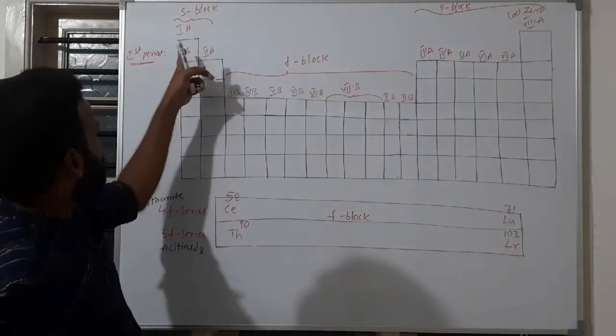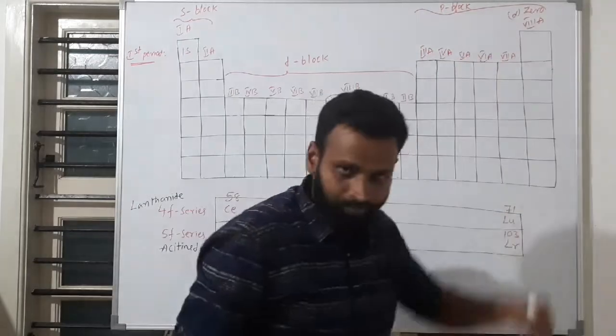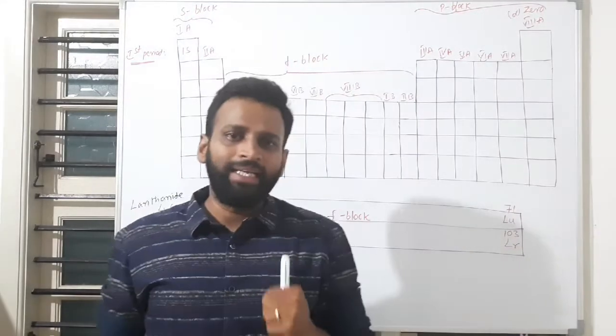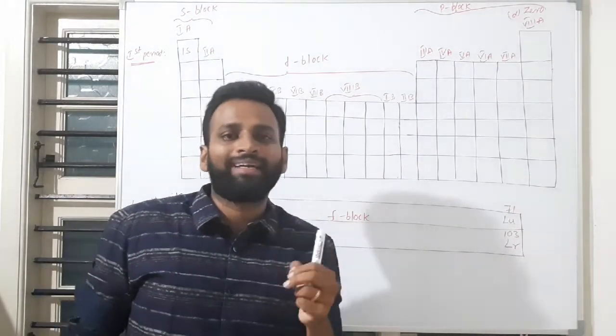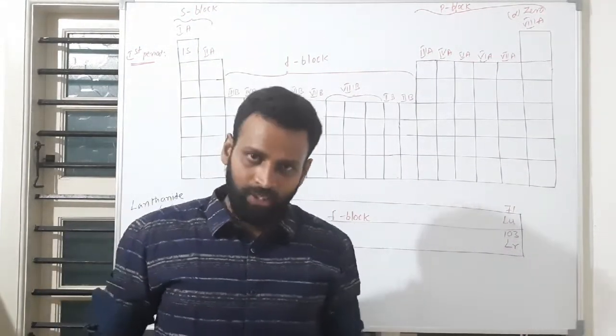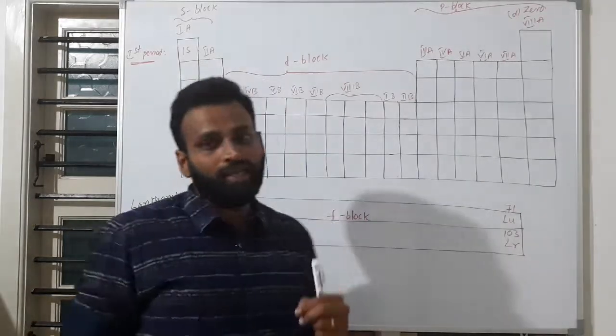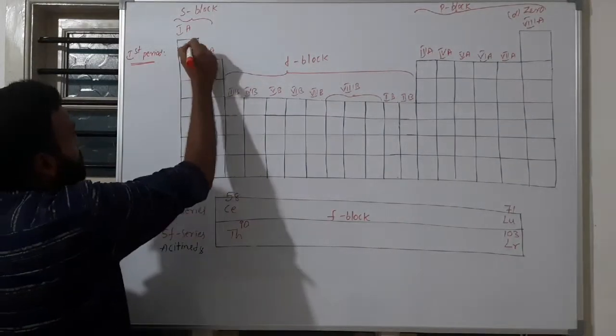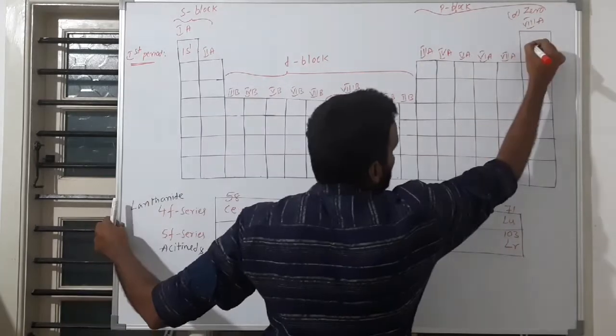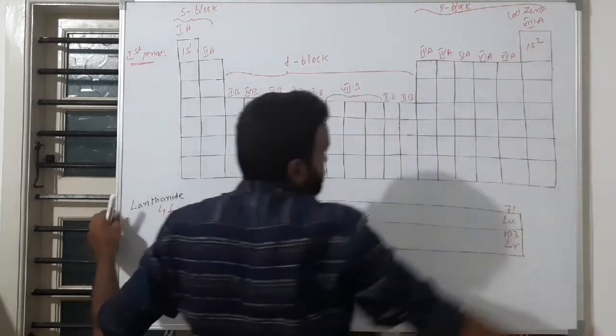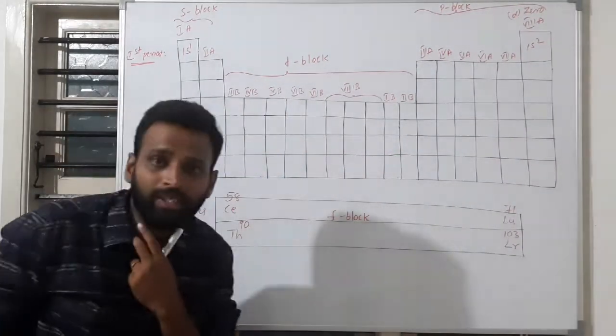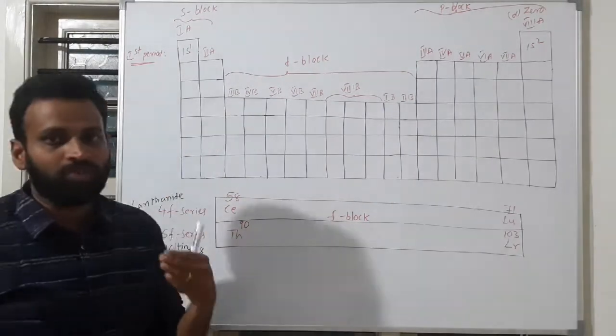In it we have hydrogen and helium. For hydrogen and helium, we fill electrons in the 1s subshell. That's why I have written 1s here, so 1s1 and 1s2. Let's see the configurations one by one.